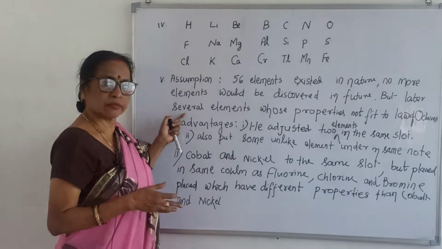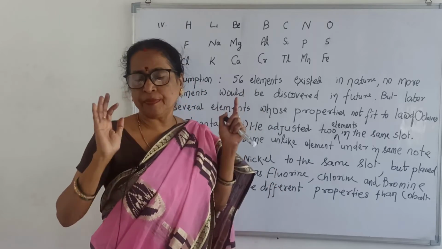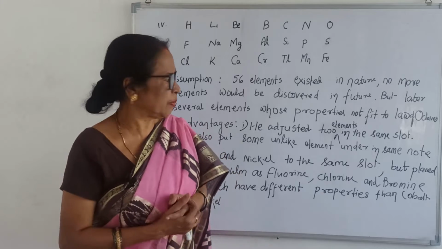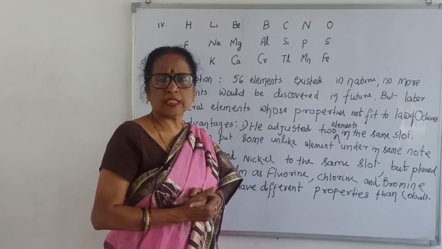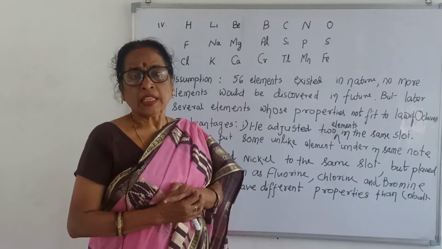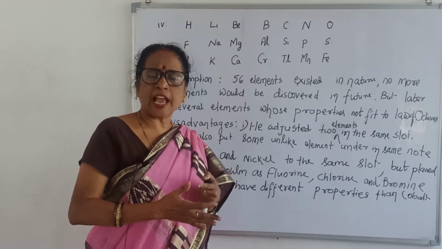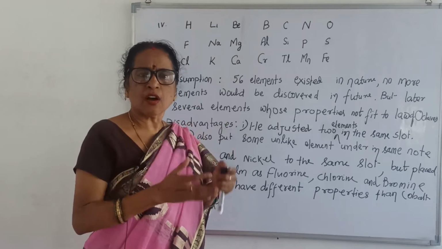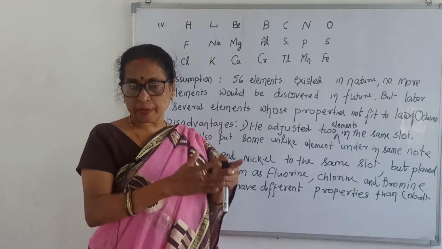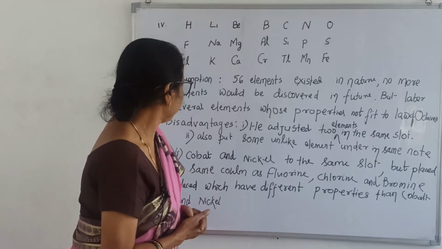But later, after that assumption, several elements were discovered whose properties do not fit Newland's law of octaves. After the assumption, many elements were discovered that do not follow any rule of the law of octaves. That means after the 8th element there is no similarity in nature.